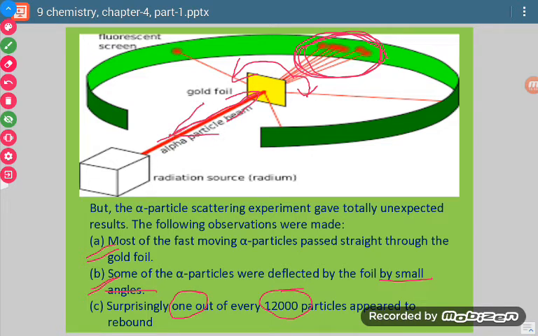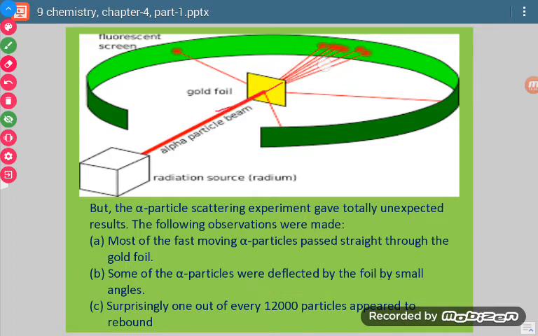Such a thing was observed in one particle out of 12,000. If this is the direct moving ray, and it has come like this, then this is large deflection. This was very rare, but it was also found. So these three observations came from the Rutherford scattering experiment.